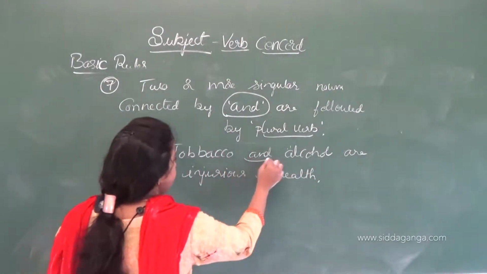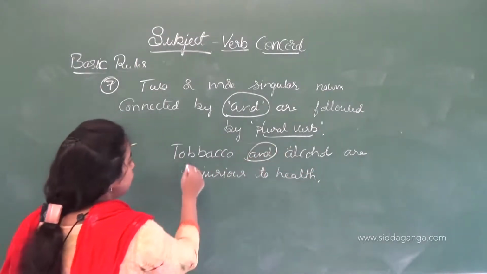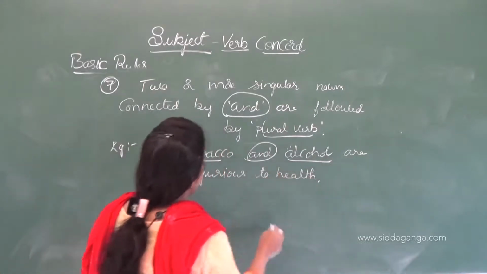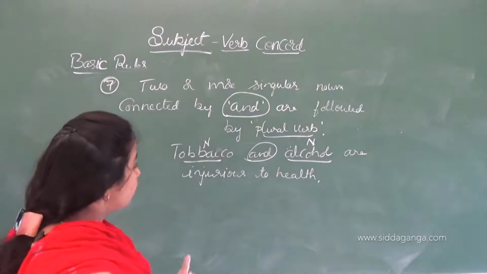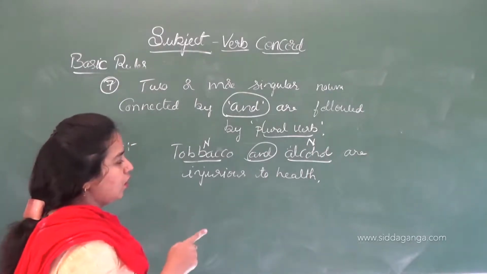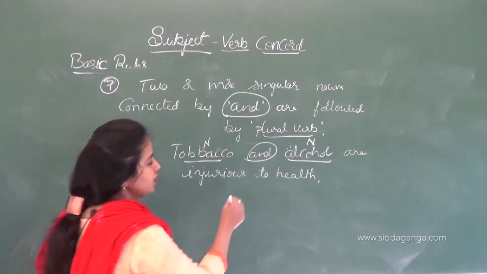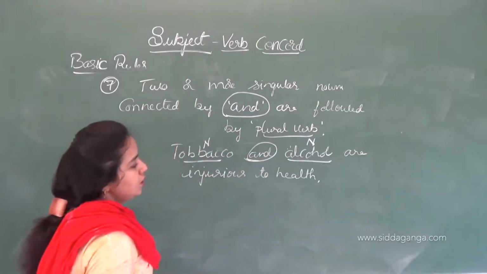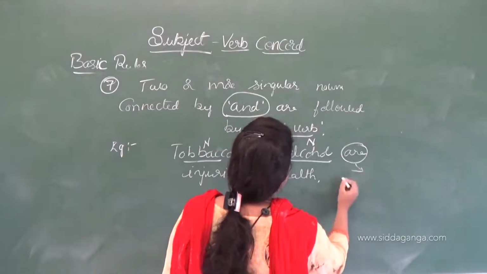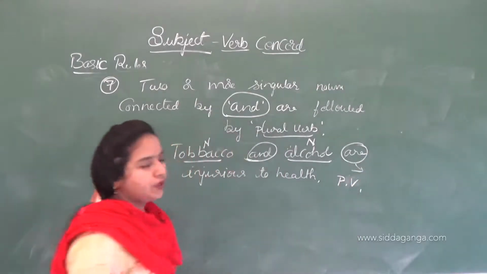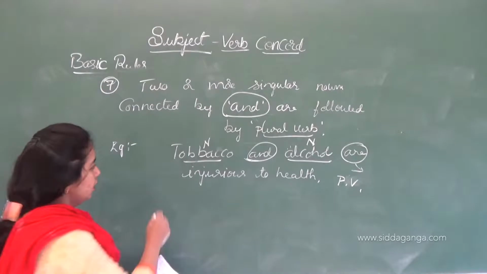Here, and is connecting what? Two different things, two nouns. Tobacco and alcohol are two singular nouns connected with and here. So the verb is the plural verb.